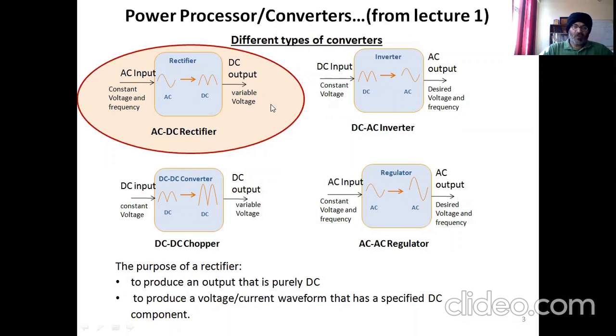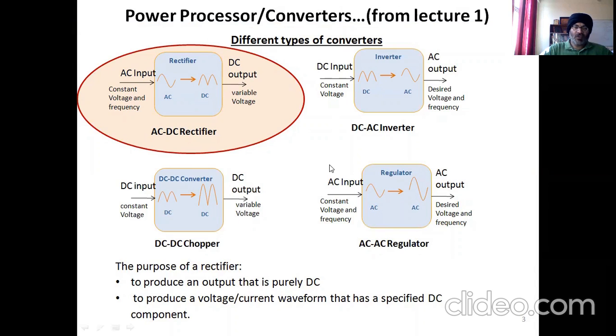As you can remember from the first lecture, we discussed various types of converters in power electronics. To start with, we'll be discussing the AC to DC power converter, which is also known as a rectifier.